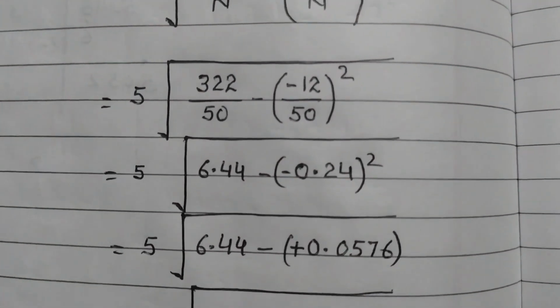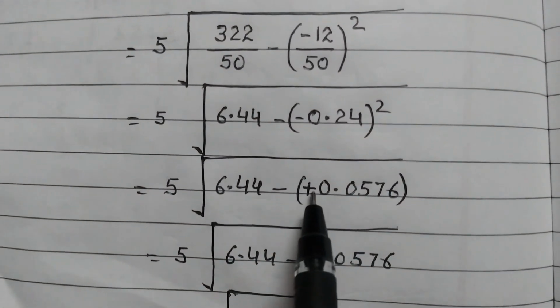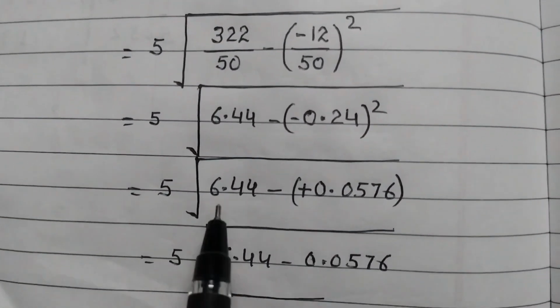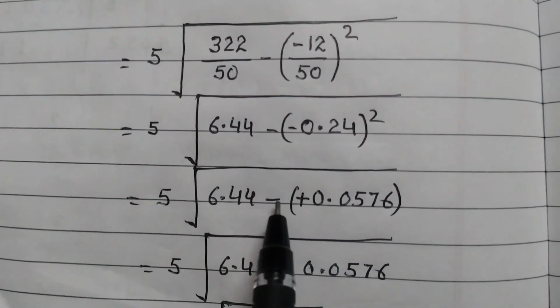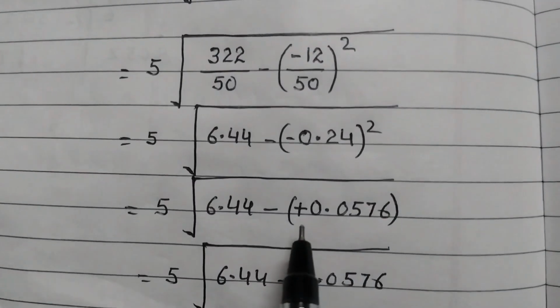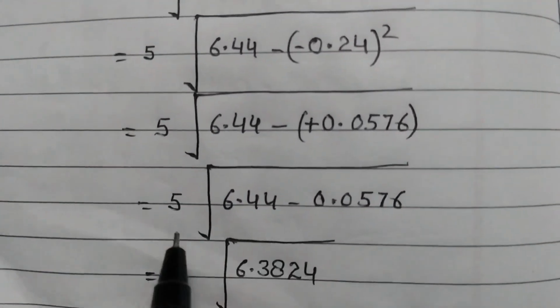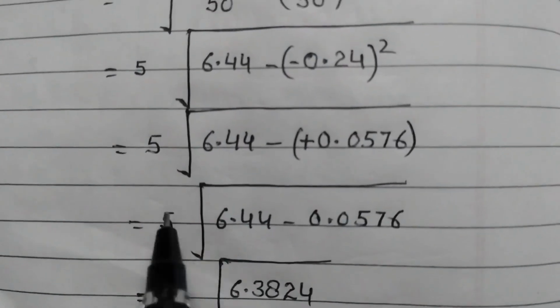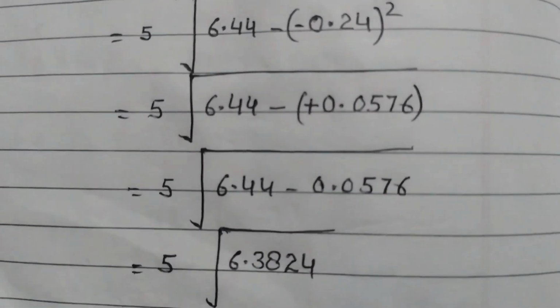Square of 25 is 625. And minus square is plus. So this is equal to 5 under root 6.44 minus within bracket plus 0.0576. Multiplication of plus with minus gives us minus. So this becomes 5 under root 6.44 minus 0.0576.